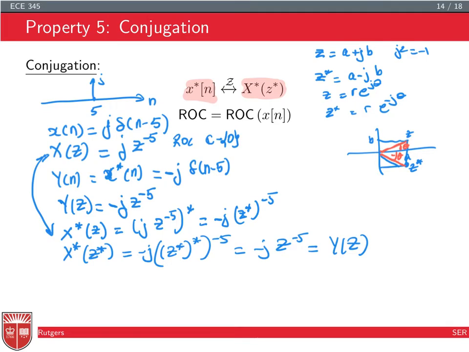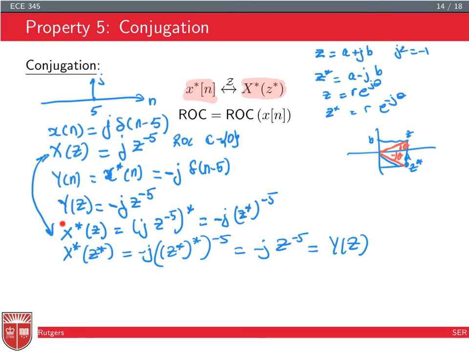It may be a little confusing that I have to take the conjugate. The z-transform of the conjugate of the signal is not equal to the conjugate of the z-transform. It's equal to the conjugate of the z-transform evaluated at z star. Through this example, I was hoping to convey why you need to do this.